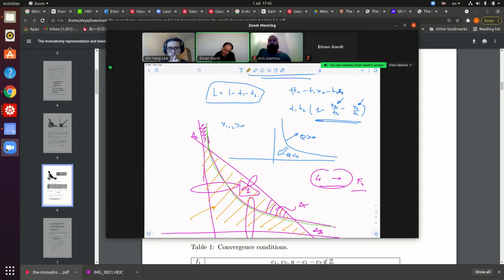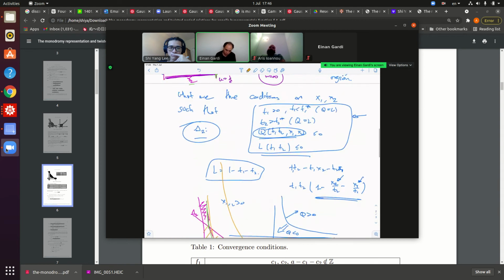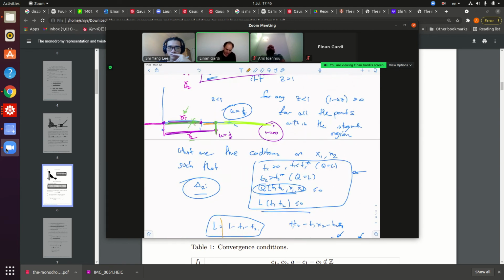However, I would notice that depending on the values of x1 and x2, sometimes this curve would look like this, and sometimes this curve would look like this. You see? So sometimes it goes inside my dashed region, and sometimes it never touches the dashed region. And that's precisely analogous to what happens when this point Z is outside or inside.